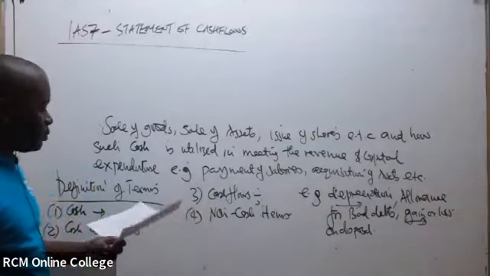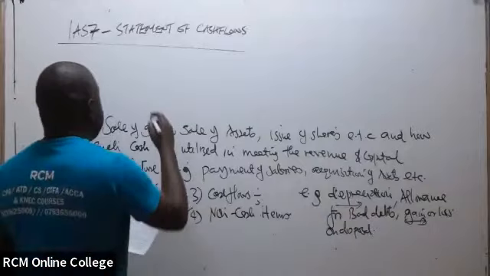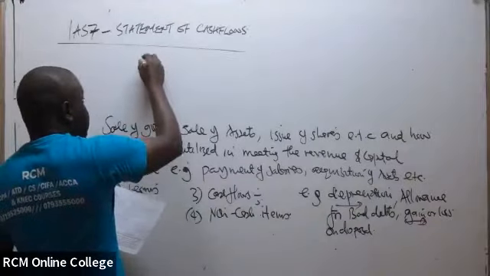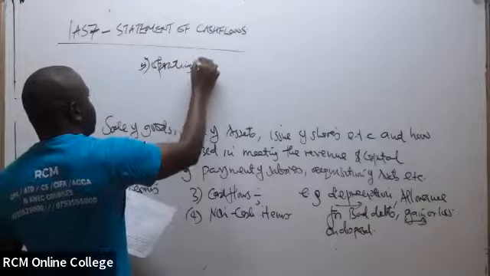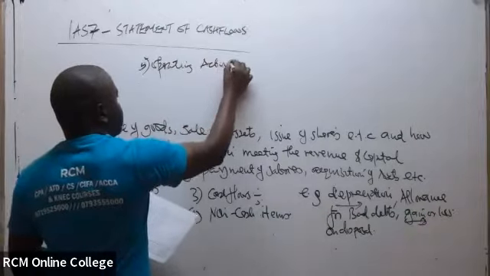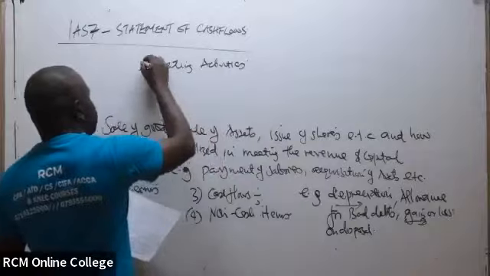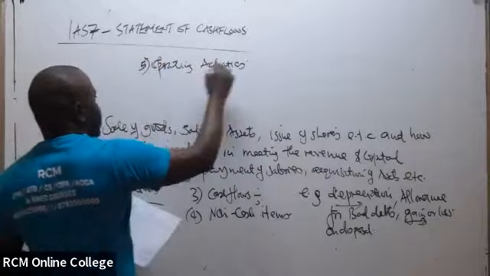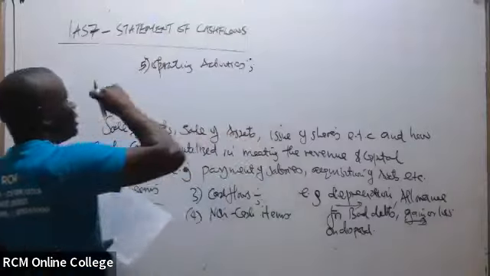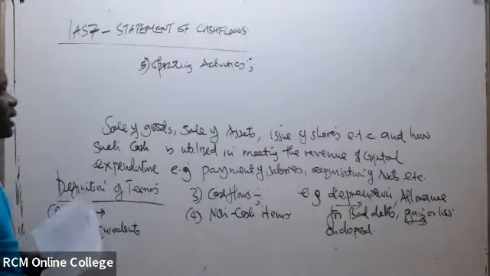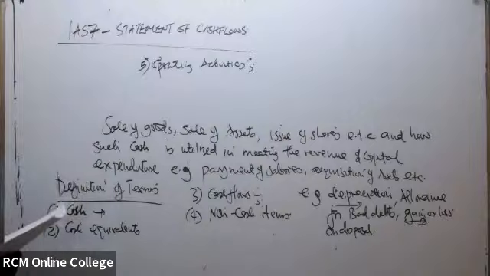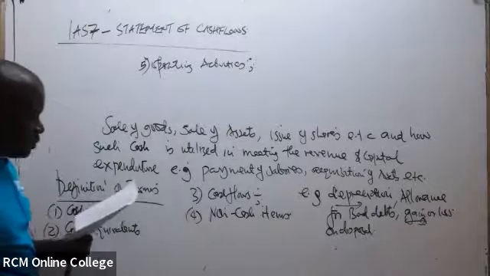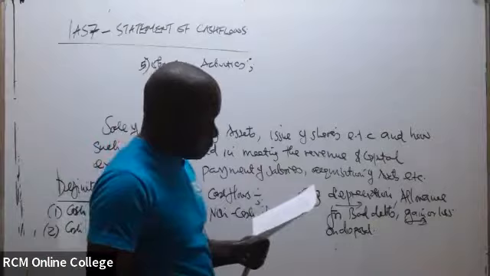Then another term we have is operating activities. It is one of the components of a statement of cash flows. We categorize some of the activities as operating activities.